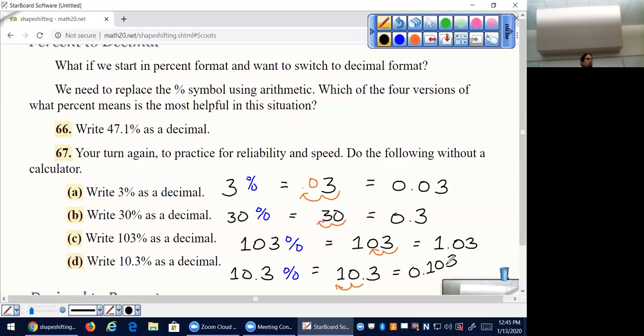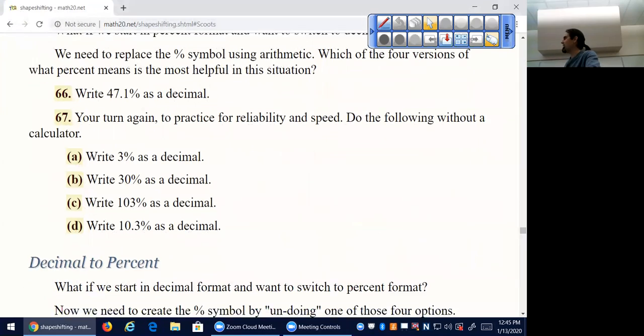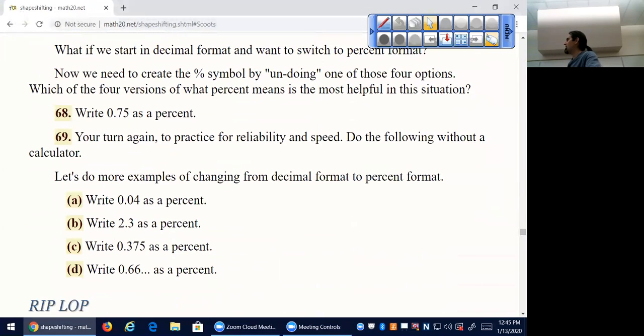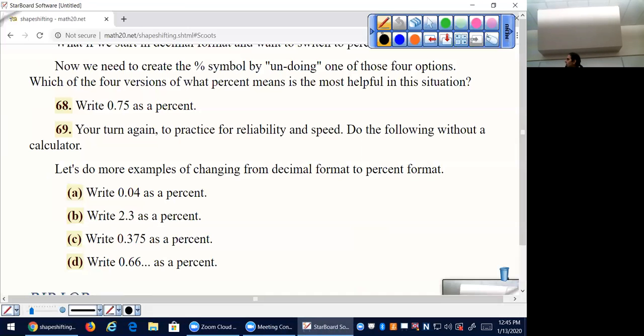Okay, guess what comes next? We just did from percent to decimal, so now we're going to go the other way. Now I have 0.75.